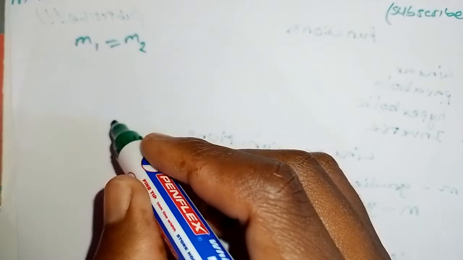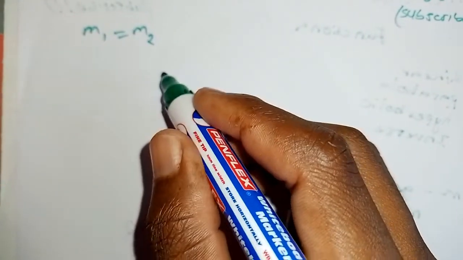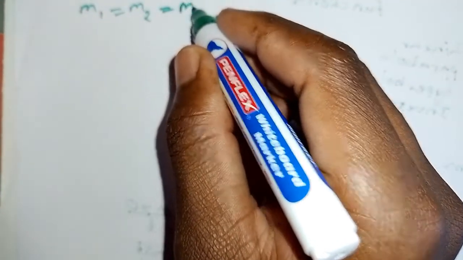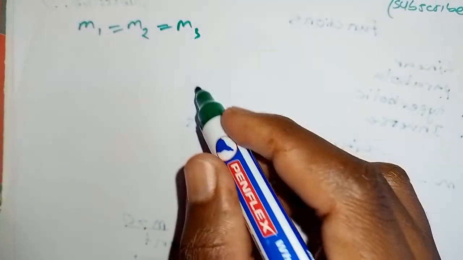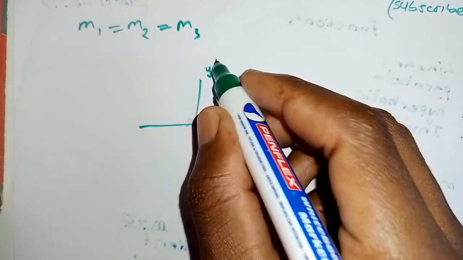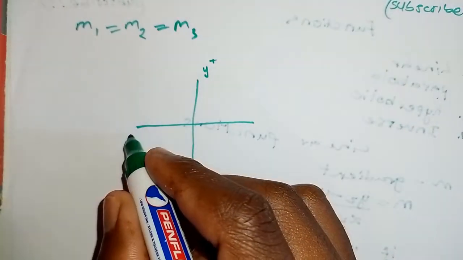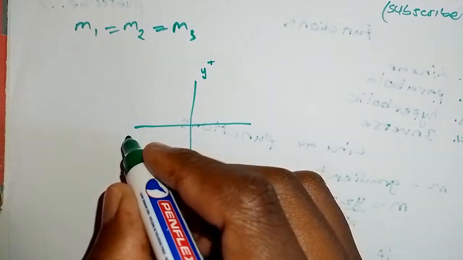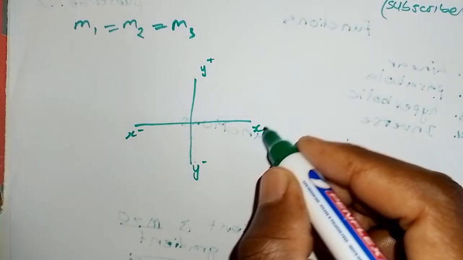Okay, now, let me say again, equals to the gradient at 3. Let me say this is my Cartesian plane, this is y positive, this is y negative, this is x negative, this is x positive, right?